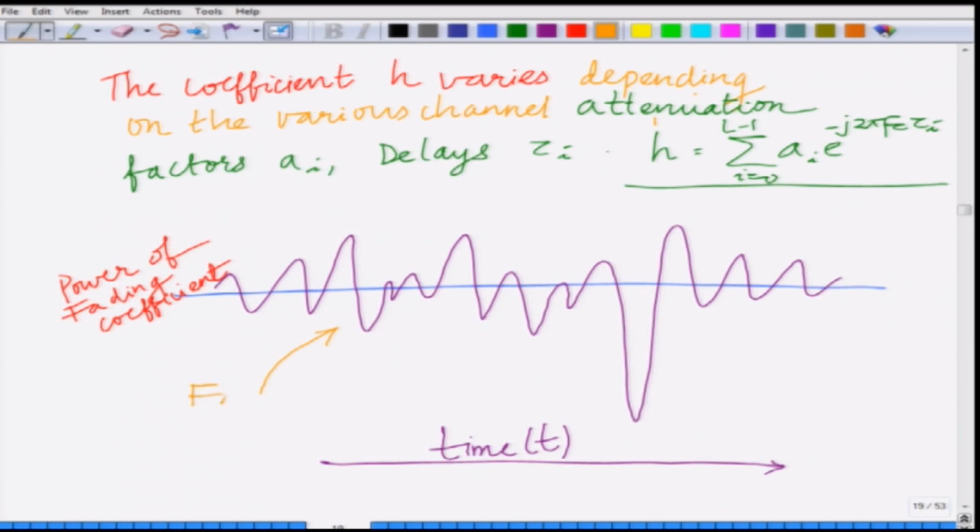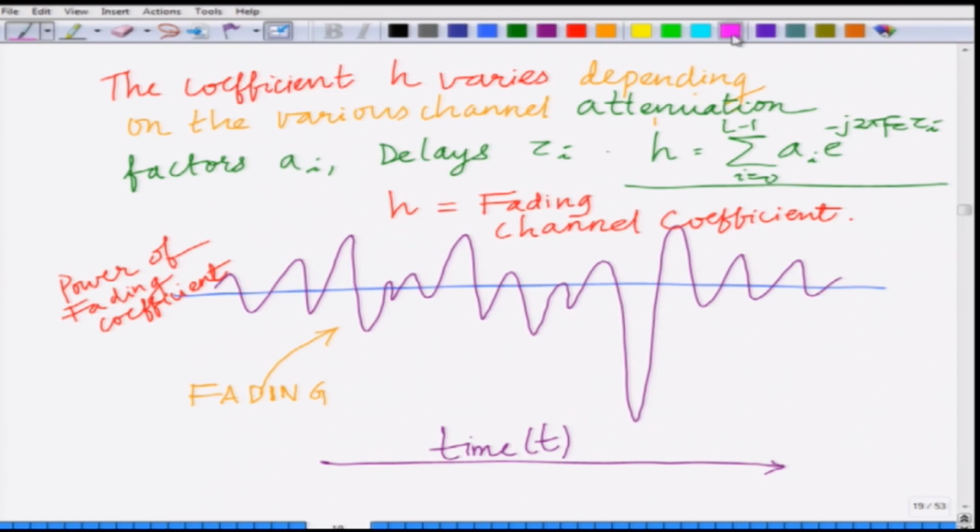This process is known as fading, and this is an important aspect of wireless communication systems.